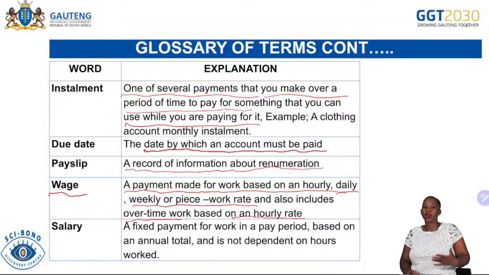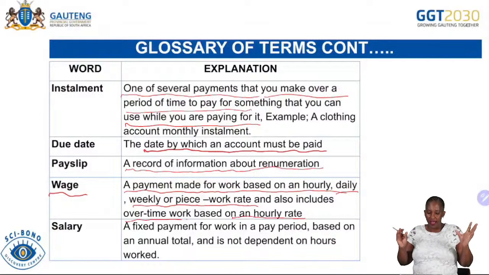Maybe daily, I say to them, when you come daily, you get 150. So if they work for 5 days, it will be 150 times 5. That is their weekly pay, because we said we are paying them on an hourly rate, or on a daily or weekly basis, or for a piece of work that they have performed. We call the amount that you are getting paid at that time the wage.